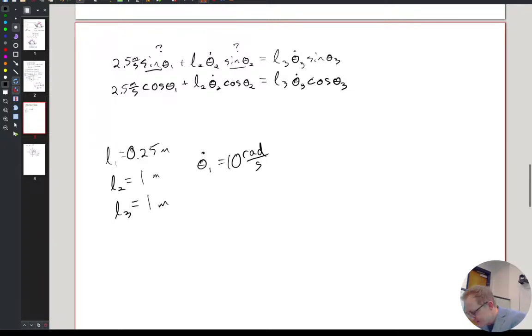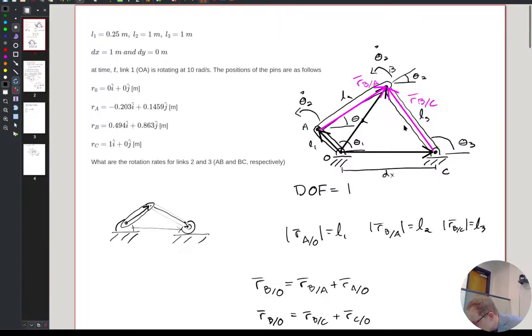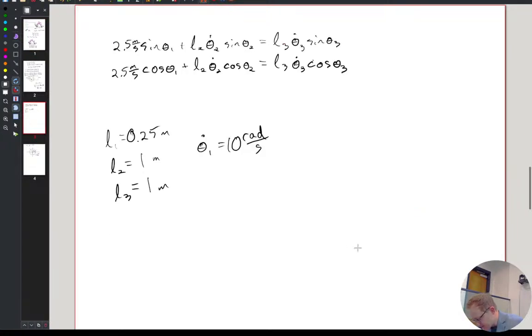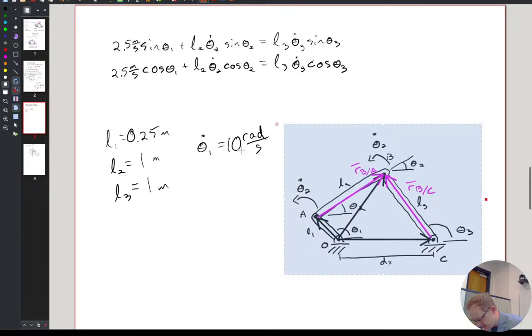All right, so sine theta, and here let's grab this one, because now we're trying to actually plug in and solve stuff. So let's plug it in and start solving.